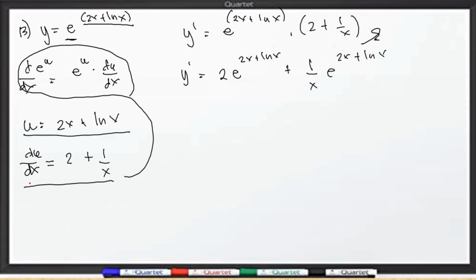Pero pwede po daw natin gamitan ito ng properties, which is a to the m times a to the n is equal to a to the m plus n. So, kung magkaganon po, ang mangyayari po dito, ito po ay plus, okay? Pwede po nating sabihin na siya ay 2e to the 2x times e to the ln of x.